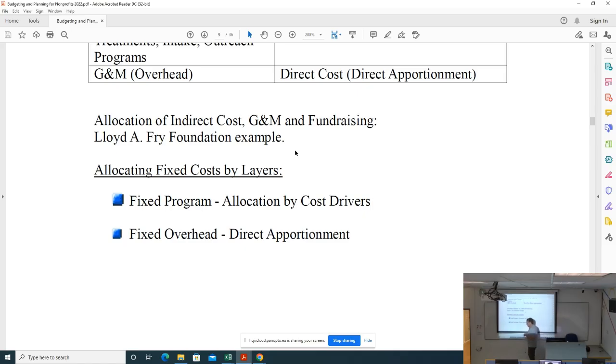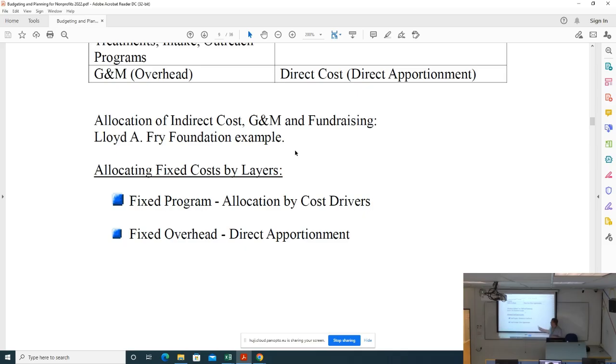There is always an argument about that, and therefore usually it will not be worthwhile to invest in a sophisticated allocation method for G&M. We can use the simple direct apportionment as our starting point in the negotiation, and whether we succeed or not remains to be seen.